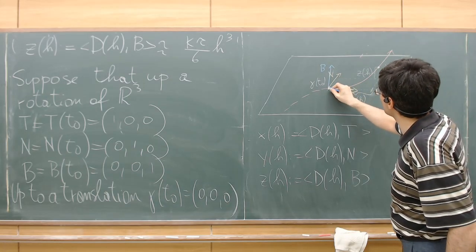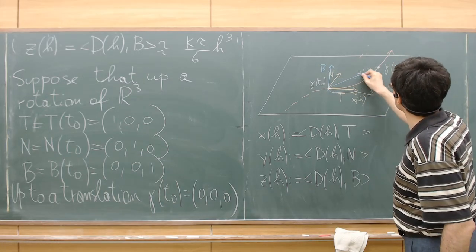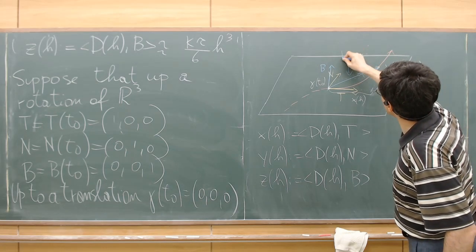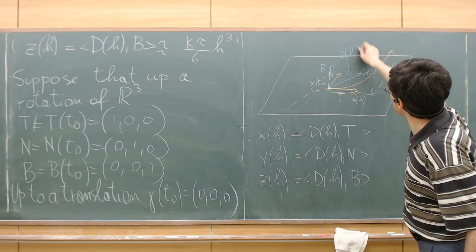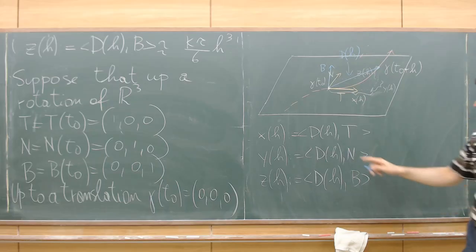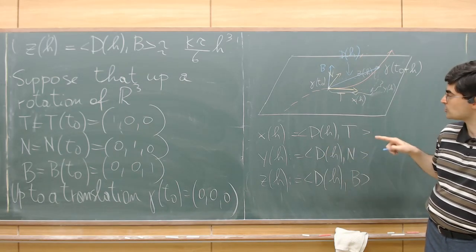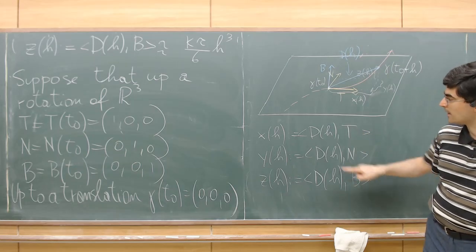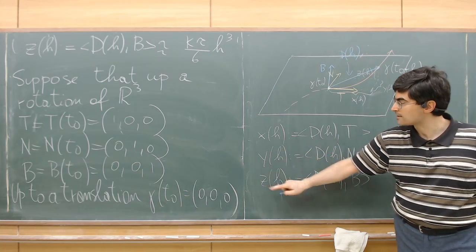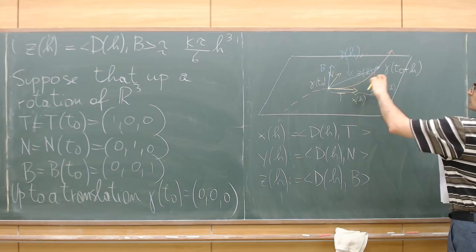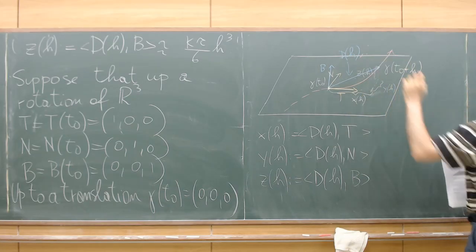So if you want to make a picture, this is d of h. The components of d of h in the directions given by T, N and B are x, y, and z, which are given by this picture: x of h, y of h, z of h.